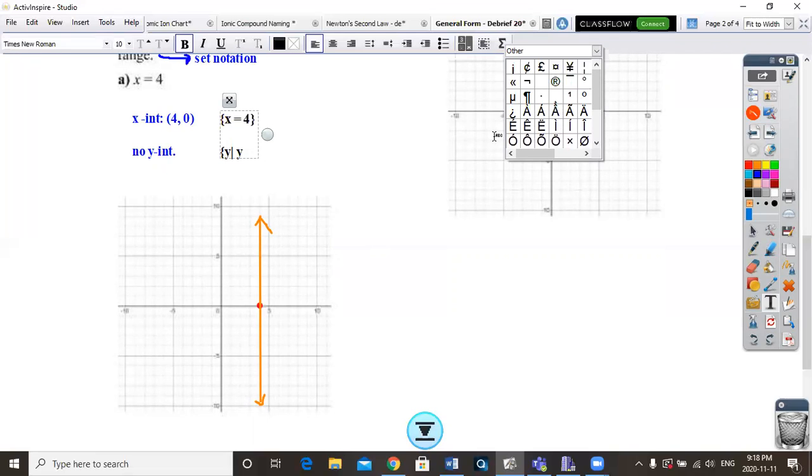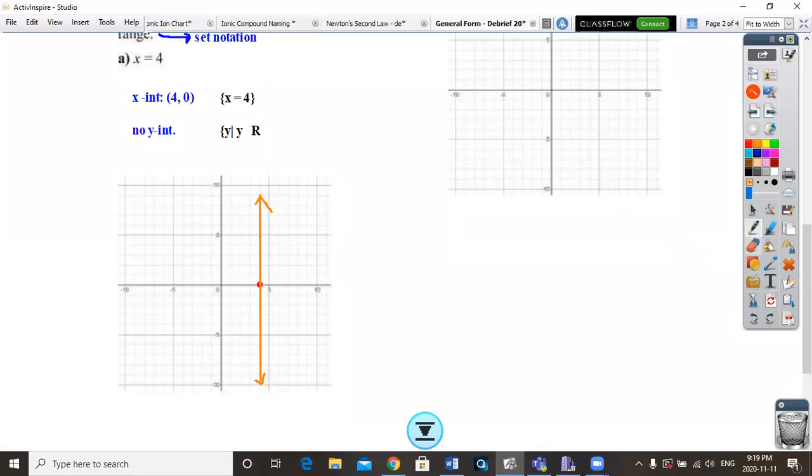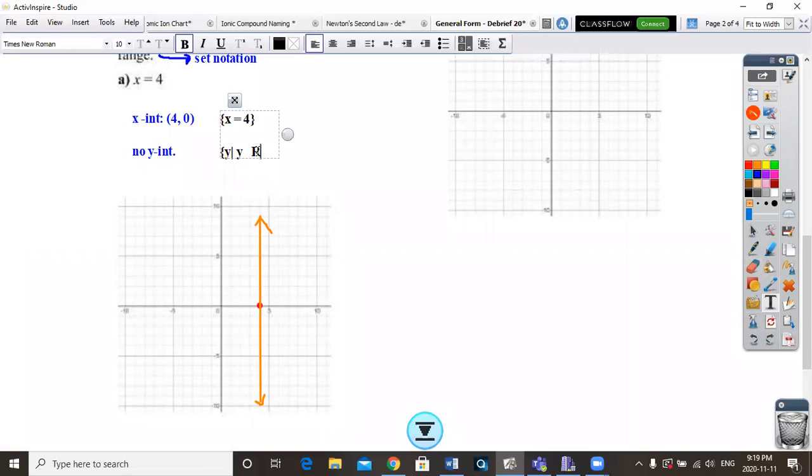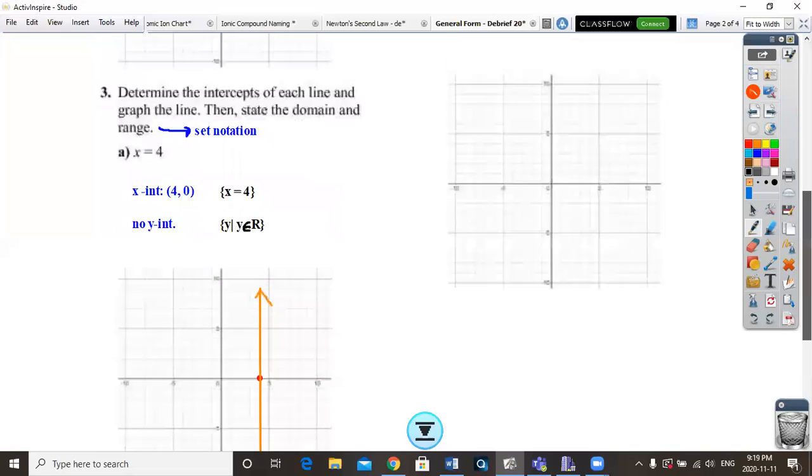I'll leave a space. I can't do the real symbol, but you know it's a capital R, a double R. But we will just close a curly brace. And very carefully, I will put in the is an element of real numbers. Okay, that is the vertical line.